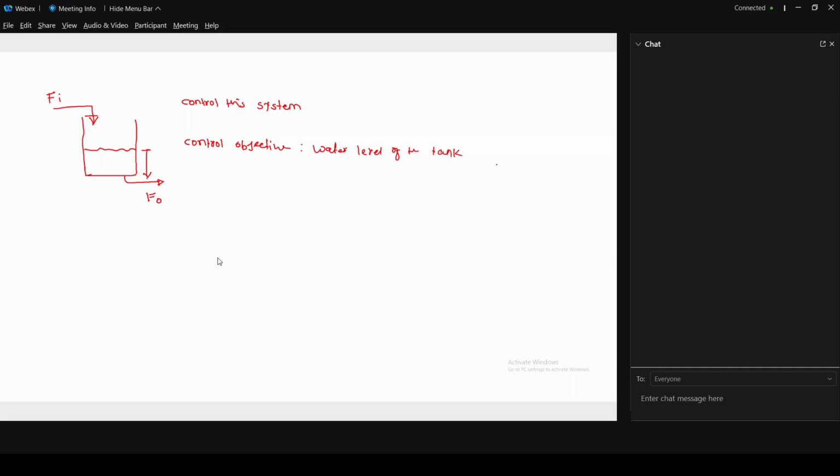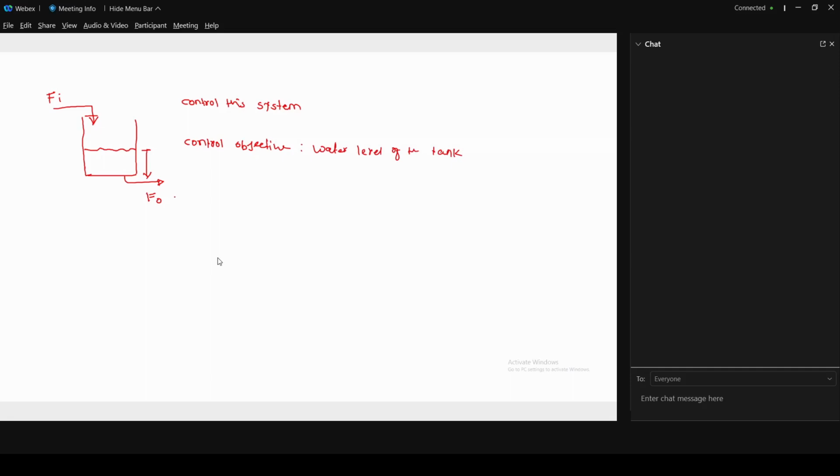So, now, how do I control it? I mean, what do I need to change, or in other words, what are the things which are going to influence the height of that water content or water level? Input and output flow rate and diameter of the tank.